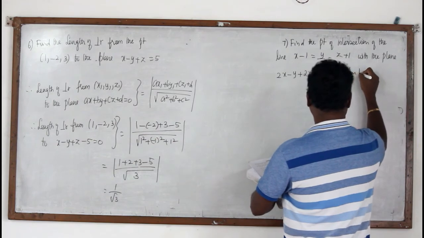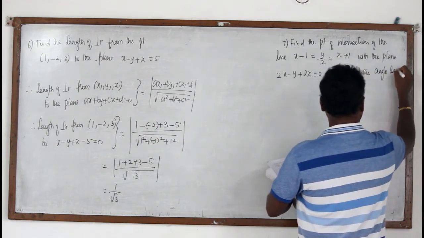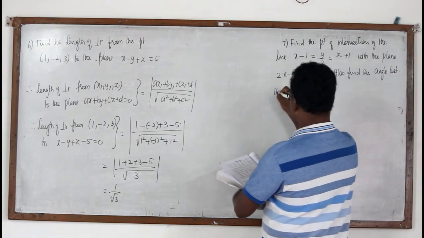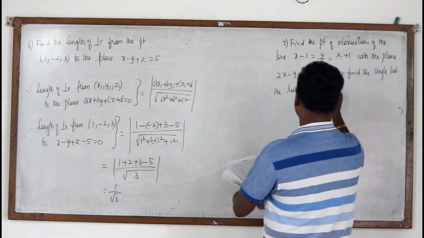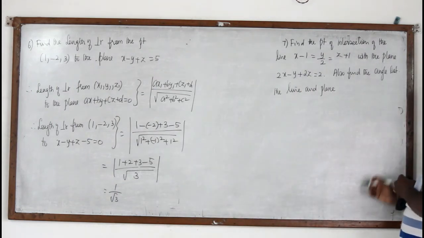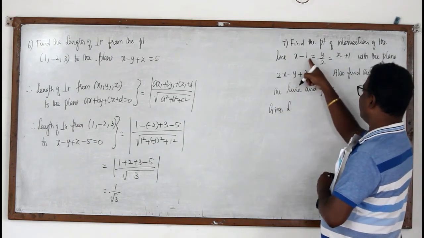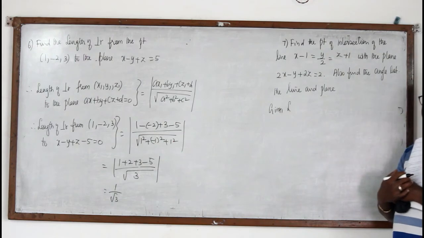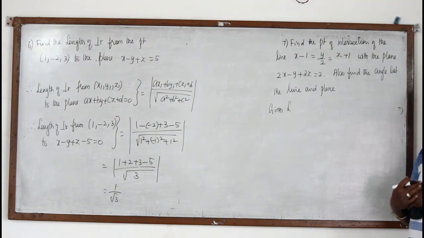Also find the angle between the line and the plane. The line is given. I have to find the point of intersection of this line and the plane. That means I must find the point in which the line and the plane are meeting.